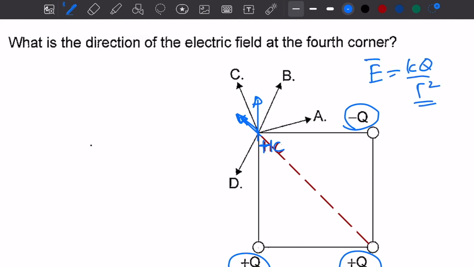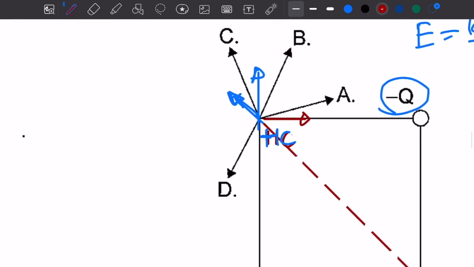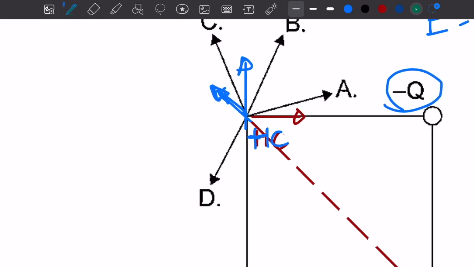It depends on the distance, and this will be pulled closer by this negative charge also. So overall, the net force, we can break into two parts, this part and this part. The net force will be to the right and up.